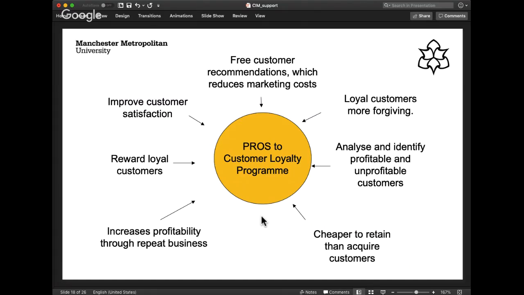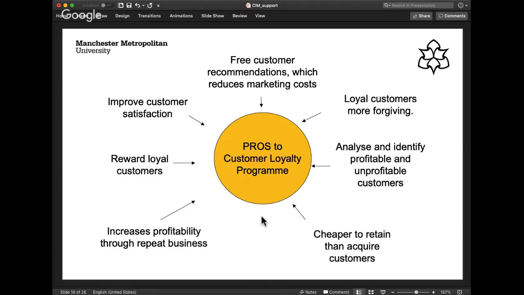We know that customer loyalty programs can increase the profitability because it increases the likeliness of repeat business if they choose to engage with that through the offers and through the value that is offered to the person engaging with the loyalty scheme. You need to think about how you are going to reward your customers, because it needs to be a reward for loyal customers and people who choose to engage with the scheme in the long term as well as just the short term.